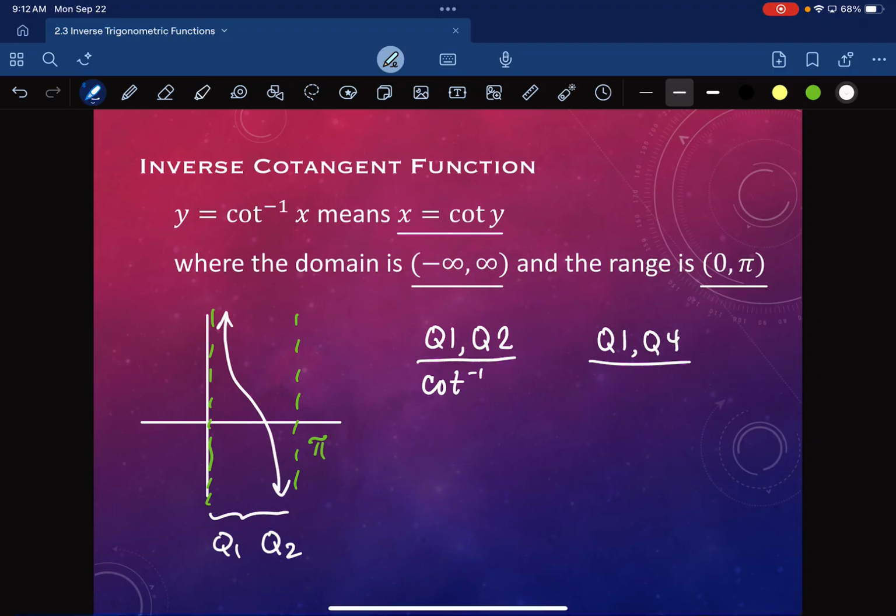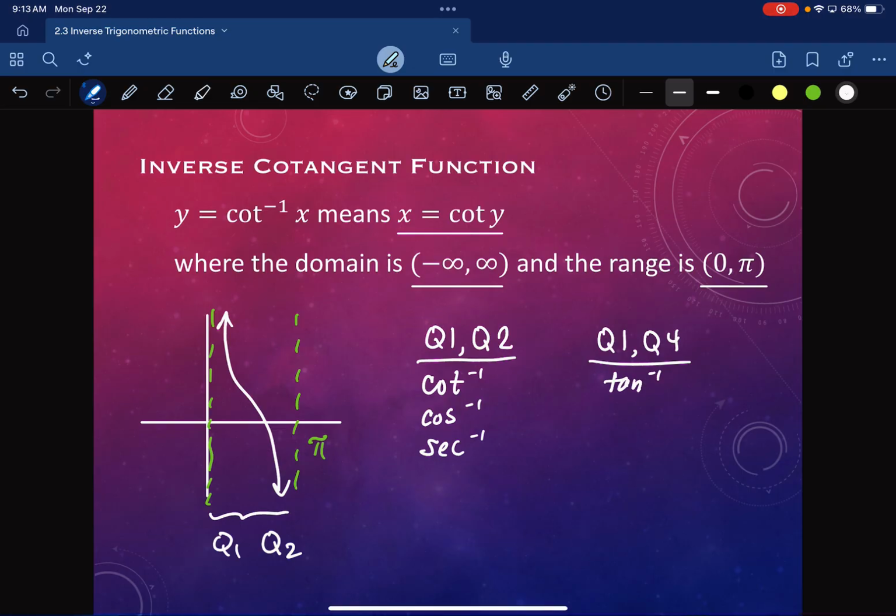Something else that's in quadrant 1 and 2. Cosine. Yep. So inverse cosine is in quadrant 1 and 2. There's one more in quadrant 1 and 2. Secant. Yep, it's secant. Okay, so all the rest of them are in quadrant 1 and 4. So we've got inverse tangent.